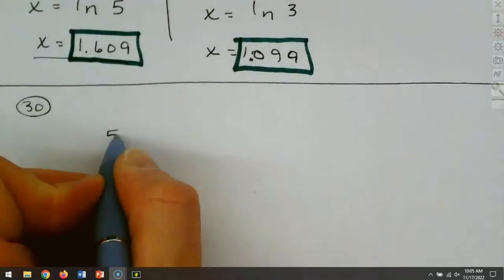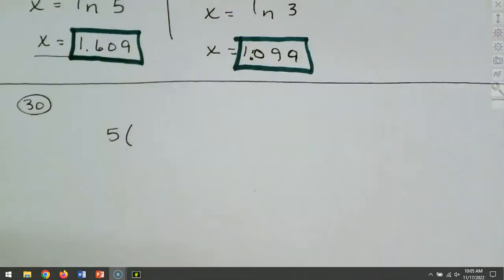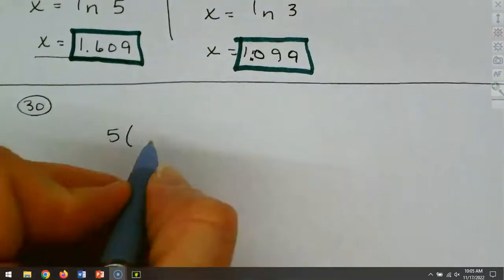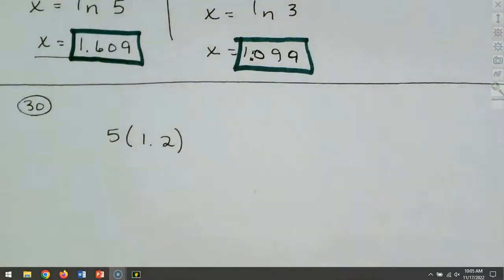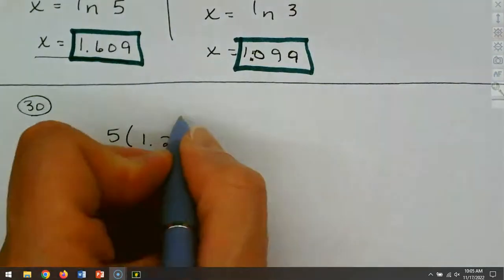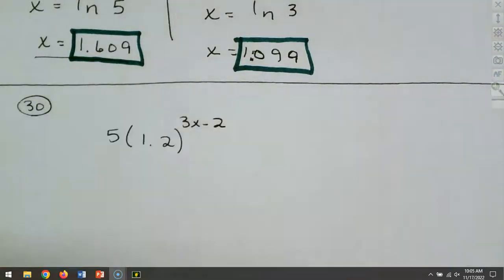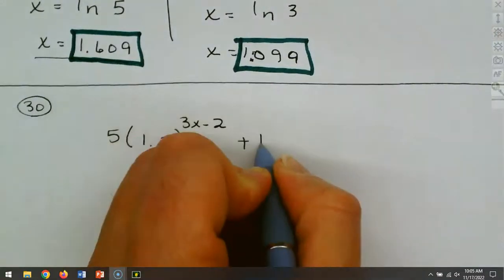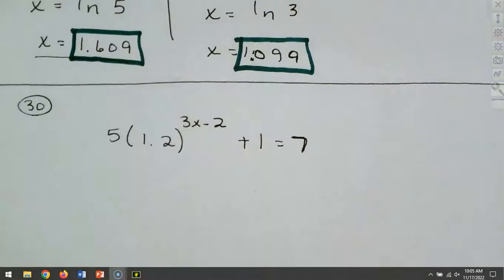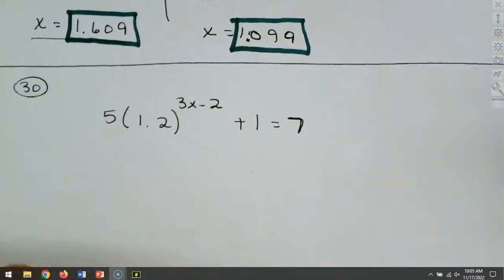So we have 5 times 1.2 to the 3x minus 2 power. And then we've got plus 1 equals 7. Okay, so what can we do?